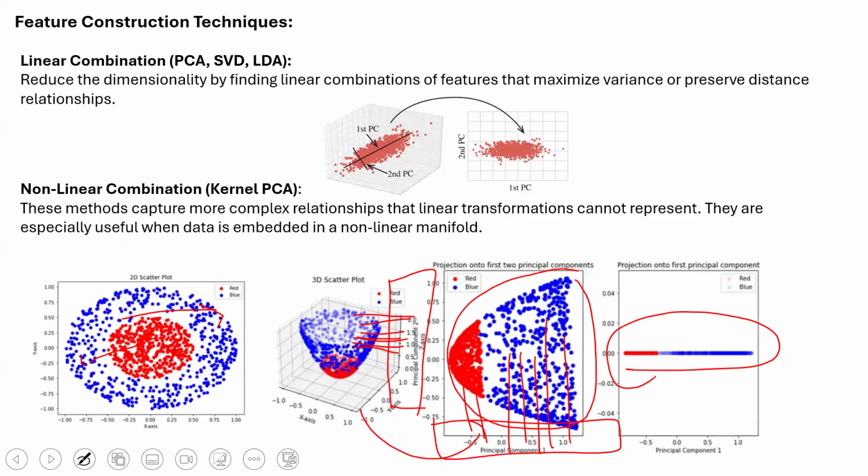One is linear combination. In linear combination, what we actually do is we just get a new feature, and that new feature would be a linear combination of the original features. And in kernel PCA, we use non-linear relationships between the points.